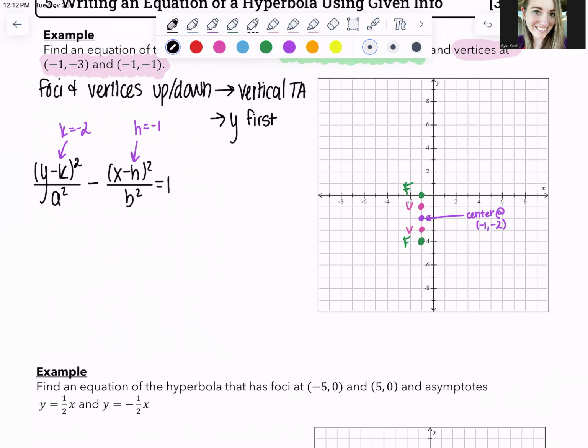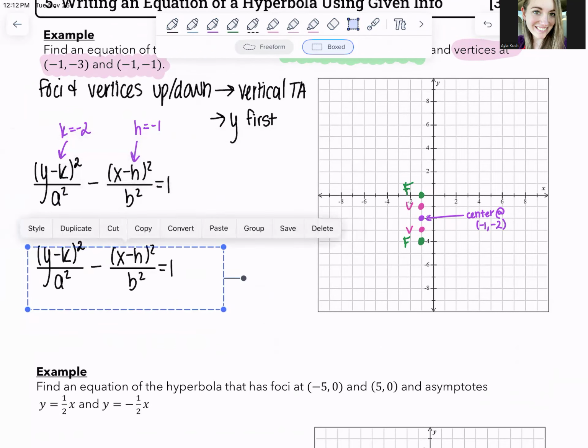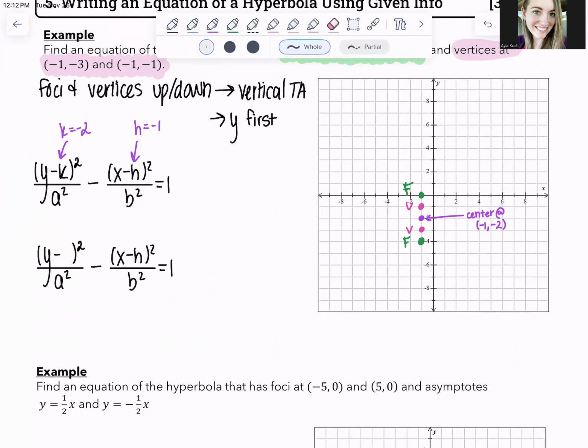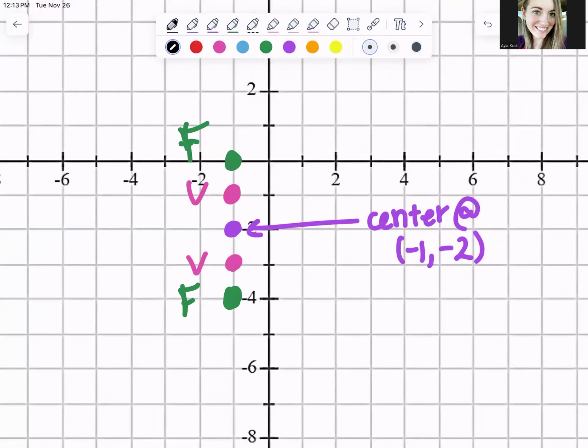I'm going to start filling that in. Bring this down here. So this will be y plus 2. This will be x plus 1. Okay, now we just need a squared and b squared. So good news with a squared, because a is the distance from the vertex to the center.